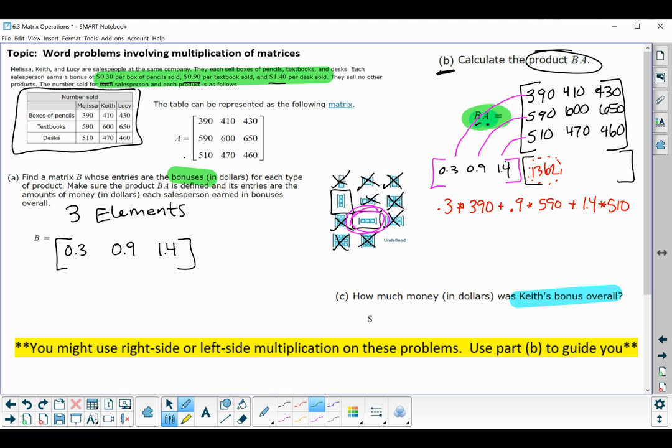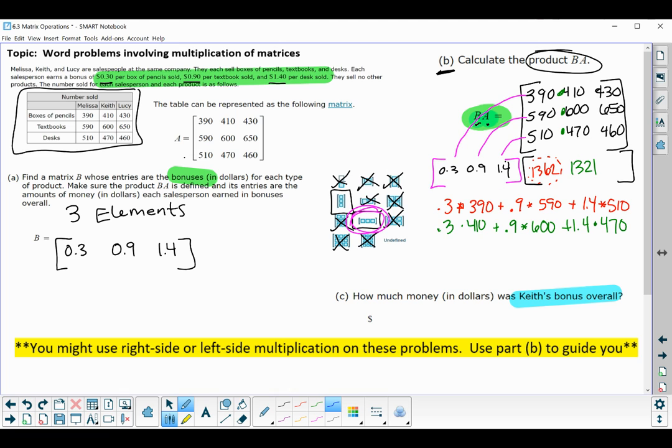And then you would do that for the second element. But this time we're going to switch to multiplying by this second column. So 0.3 times 410 plus 0.9 times 600 plus 1.4 times 470. And when we do that, we get 1321.